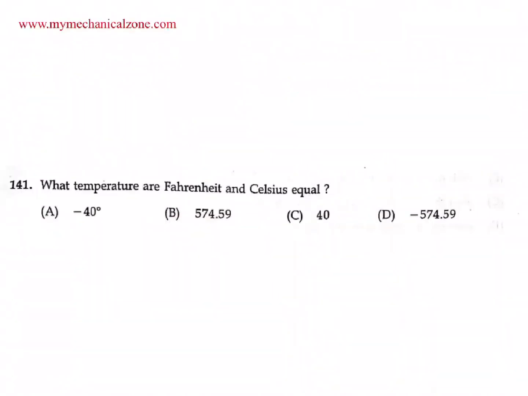At what temperature do the Fahrenheit and Celsius scales read equal? Our formula is degree Celsius by 5 equals Fahrenheit minus 32 by 9. Put the values in all the options.